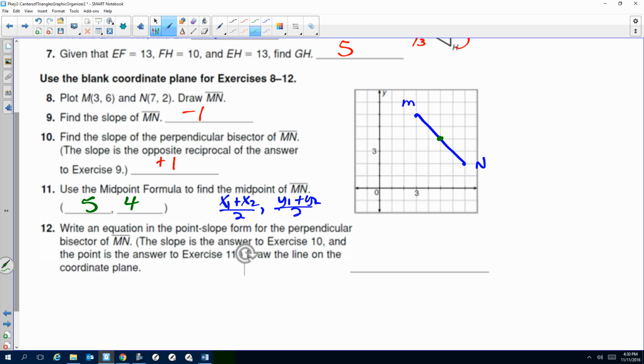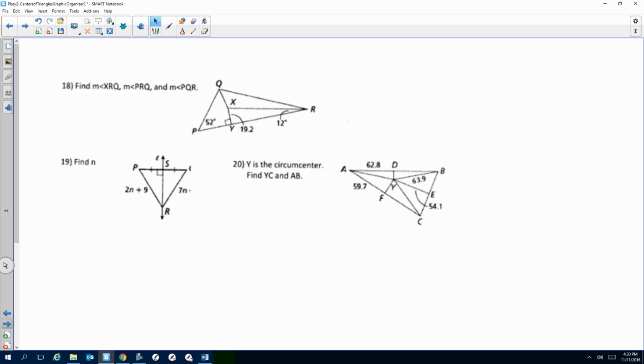So you can calculate it or you can see it on the graph if it's an exact point. Now they want us to write the equation in point-slope form. This is what we did. Use our midpoint, use our slope. Our equation hopefully should be y minus 4 is equal to 1 parentheses x minus 5. And we're done.